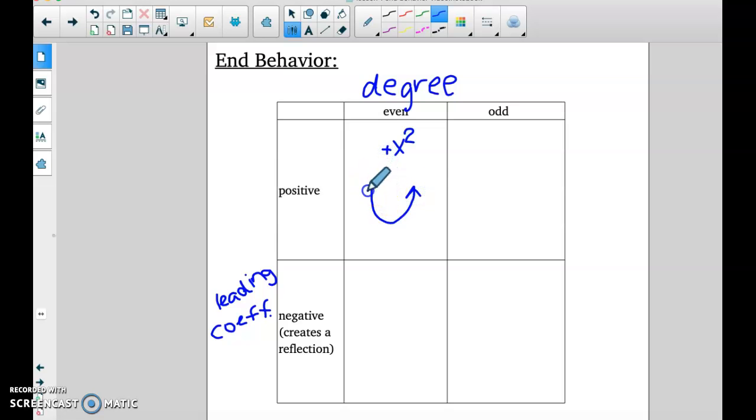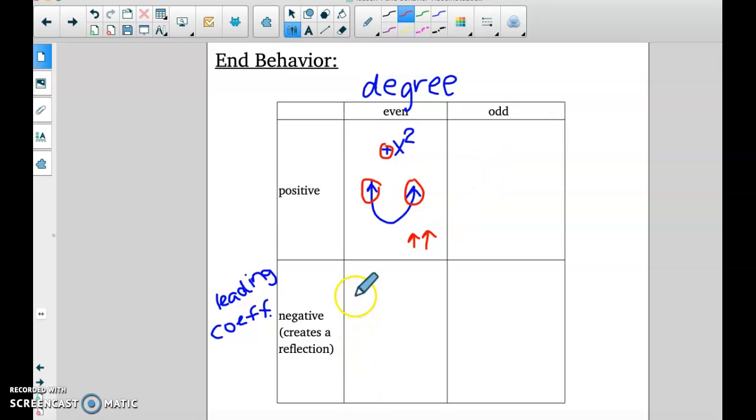This is just like the one I had just done: my end behavior is going to be up, up, and that's what I would say my end behavior is whenever my exponent is even. This could be a 4, this could be a 6, whatever, and the leading coefficient is positive, my end behavior will always be going up on the left and the right, and we say it left to right.